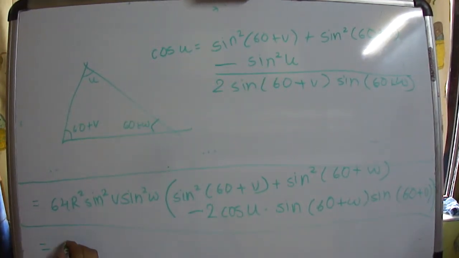So we get this equal to 64R square sine square U sine square V sine square W.